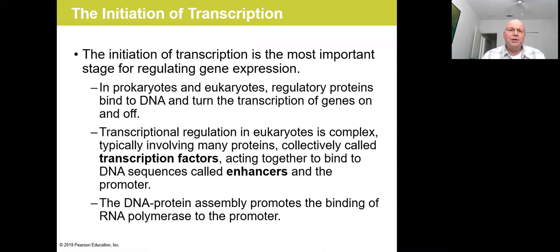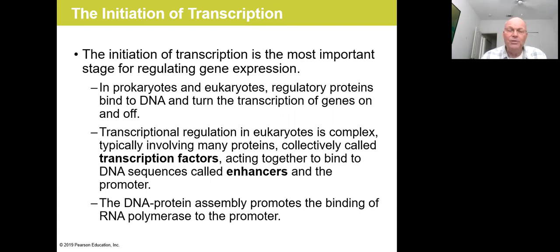When we start thinking in terms of how transcription is regulated in a eukaryote, it turns out that the initiation of transcription, once the DNA is unpackaged and made accessible for the RNA polymerase, the way in which you activate the gene, meaning you signal to the RNA polymerase the location of the gene and its promoter region to which it is going to bind, is a little bit more complicated than the situation in bacteria.